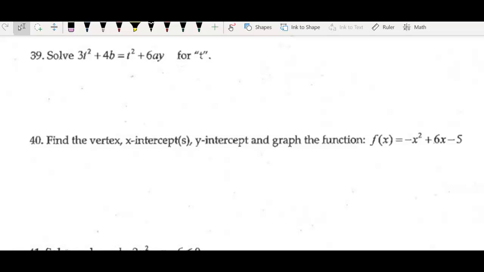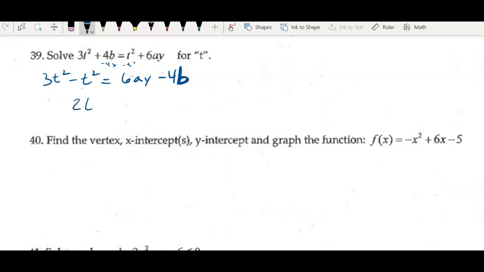We're almost done. 39. Solve for t. Yeah, so this one is a bit more complicated. Get everything with a t on one side, and everything that doesn't have a t, move to the other side. So what did I do? I subtracted 4b from both sides and brought that over, and I subtracted t squared and brought that over.